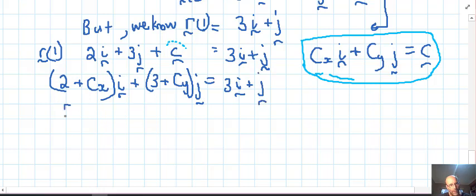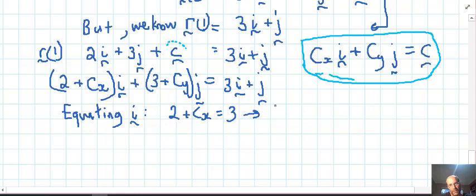So equating components, you'll be able to do this more quickly after you've practiced some. When we equate components, we can temporarily drop the i's and the j's. So 2 plus c sub x equals 3.